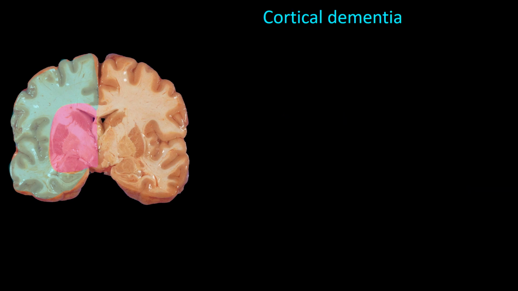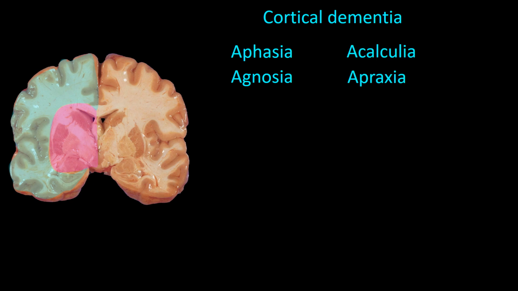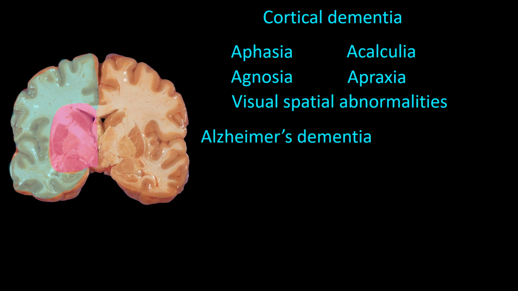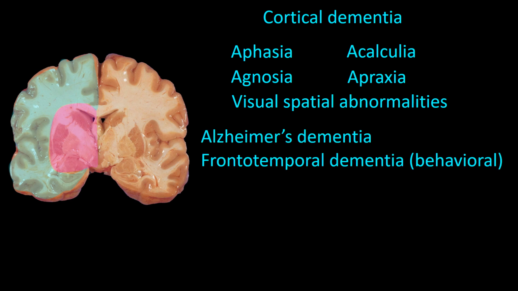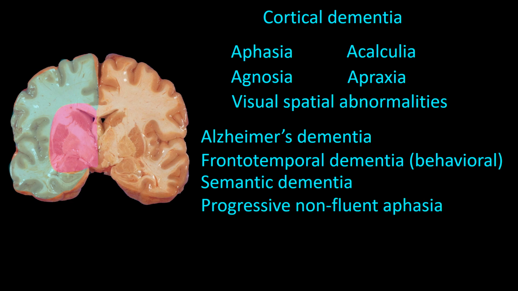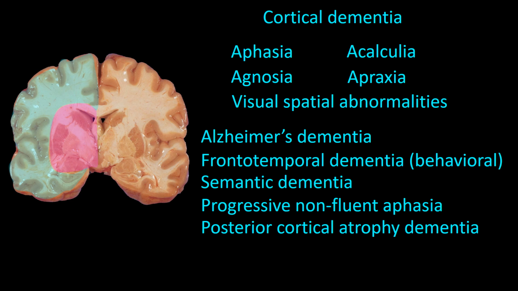Cortical dementias present with aphasia, agnosia, acalculia, apraxia, and visual spatial abnormalities. Among cortical dementias, we have AD, the behavioral variant of frontotemporal dementia, formerly called Pick's disease, semantic dementia, progressive non-fluent aphasia, and posterior cortical dementia.